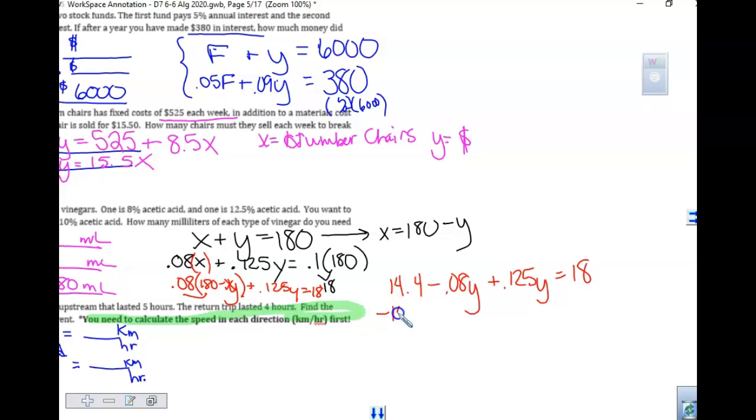I am subtracting 14.4. I got to get all my numbers on one side. In that same step, I'm going to add these 2 together. Negative 0.08 plus 0.125. Again, you're going to be able to use your calculators when you take the test next week. So I'm going to add those 2, or actually subtract them. I get 0.045y equals, when I subtract here, 18.0 minus 14.4 gives me 3.6.